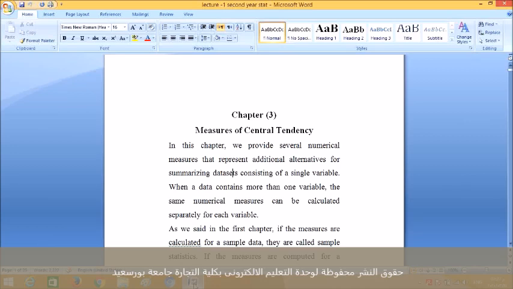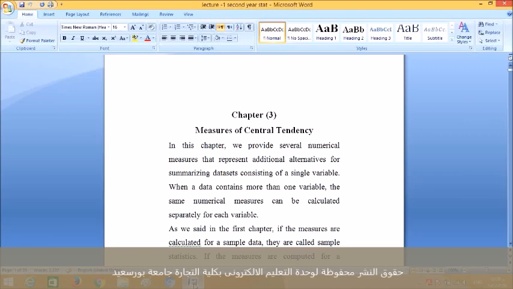This is the first type of summarizing a data set. And we also said that you can summarize data in the shape of graphical figures, according to the type of data set.